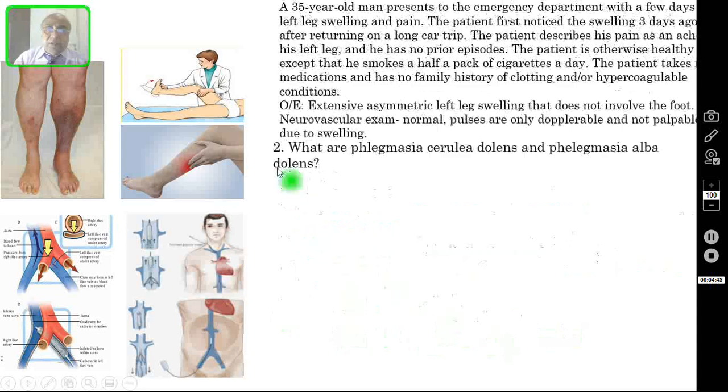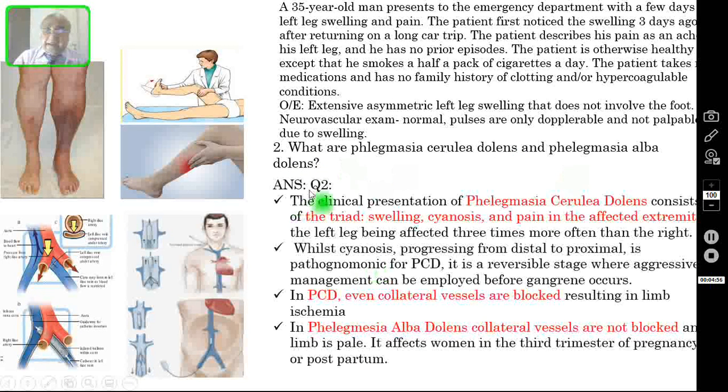Question number 2, what are phlegmasia cerulea dolens and phlegmasia alba dolens? So the correct answer is, the clinical presentation of phlegmasia cerulea dolens consists of the triad of swelling, cyanosis, and pain in the affected extremity.